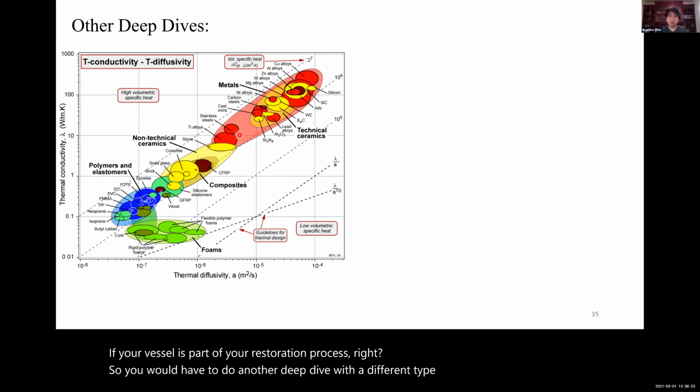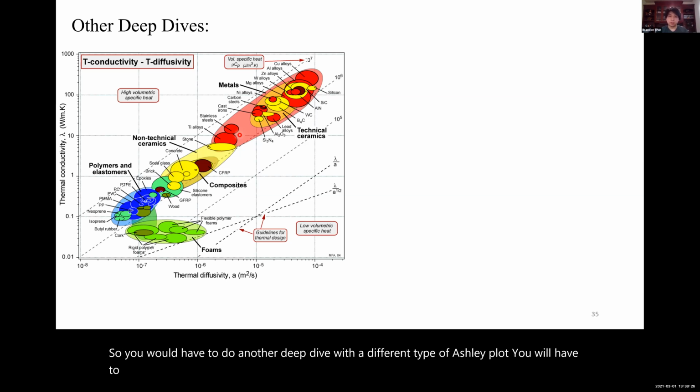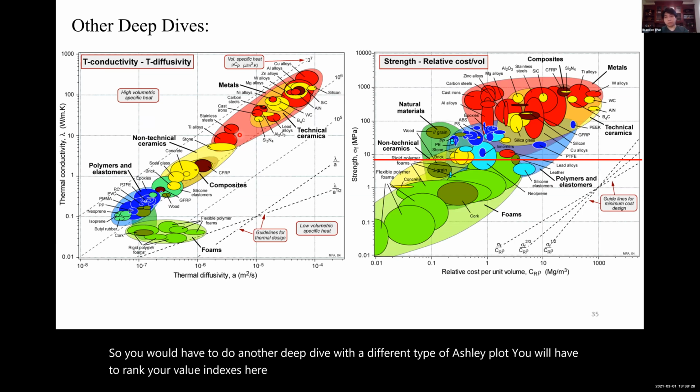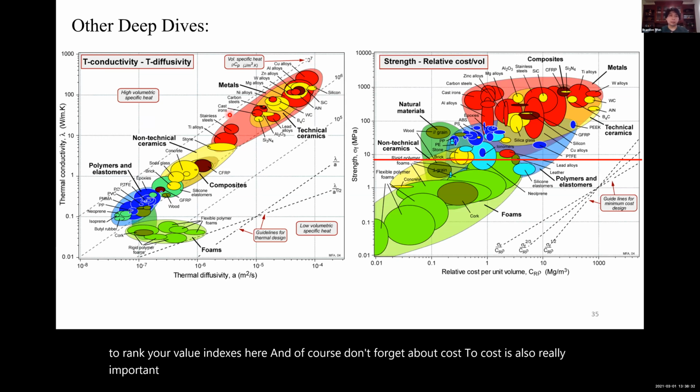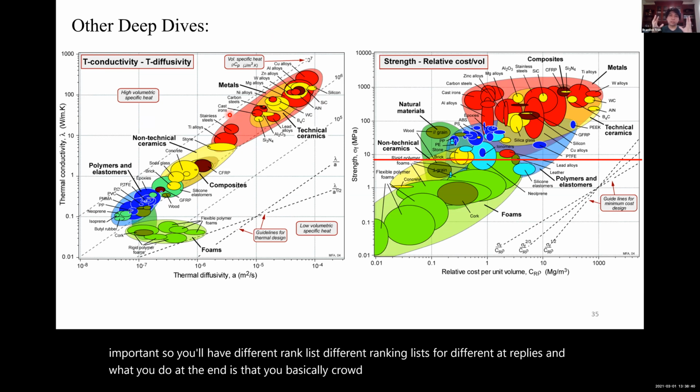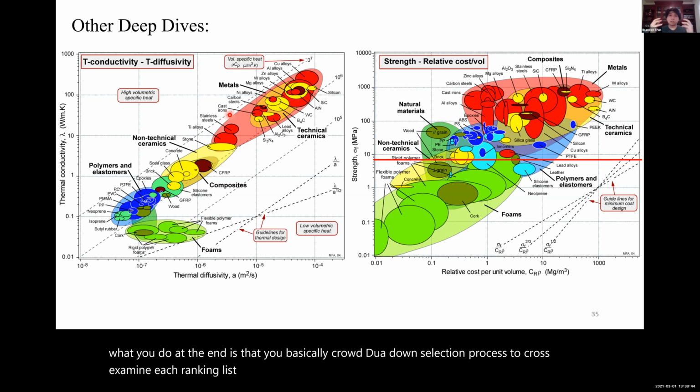You will have to rank your value indexes here. And of course, don't forget about cost too. Cost is also really important. So you'll have different ranking lists for different Ashby plots. And what you do at the end is a down selection process. You cross-examine each ranking list, cross-compare them, and then ultimately decide on a material with your team.